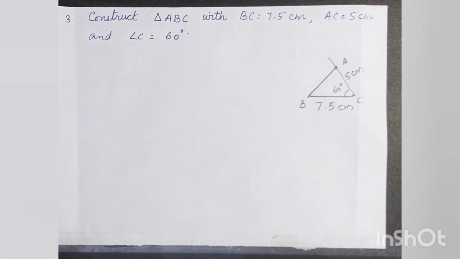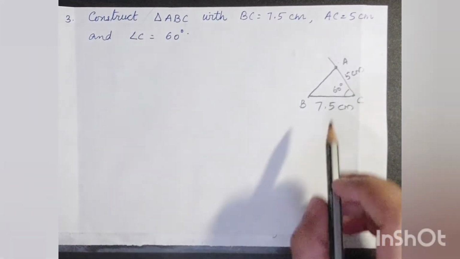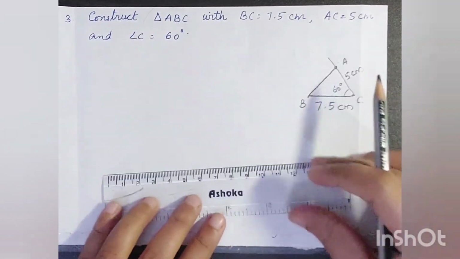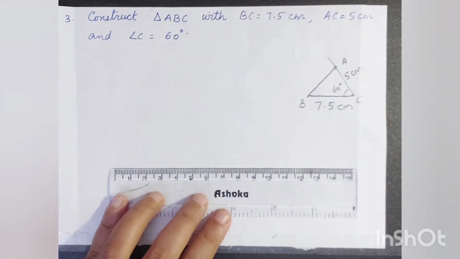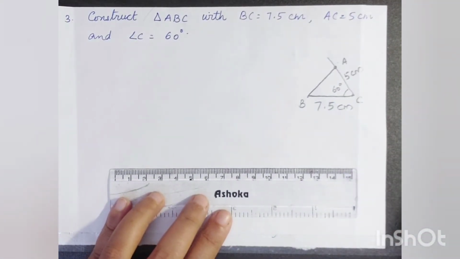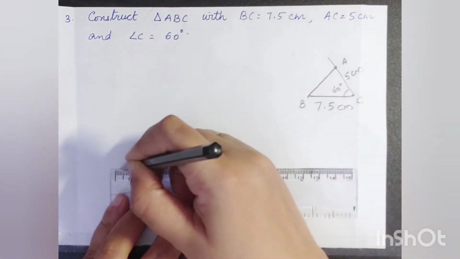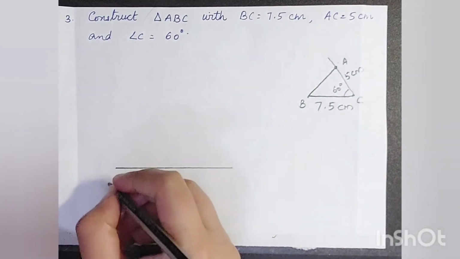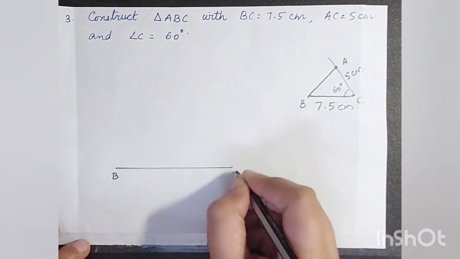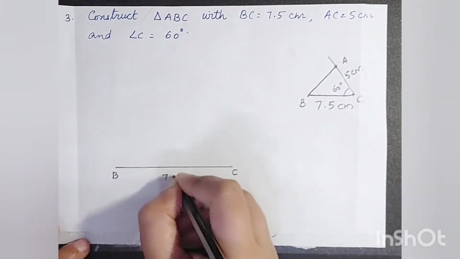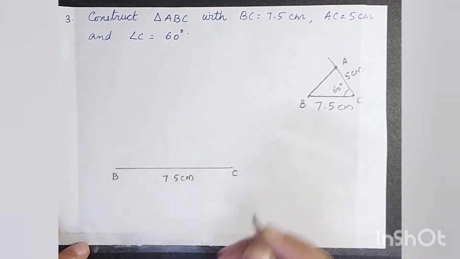So let's construct this. So what is the base which we have taken? BC. So let's draw BC with the ruler, which is equivalent to 7.5 centimeter. This is BC. Okay.